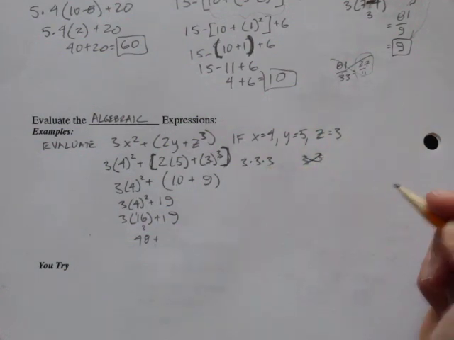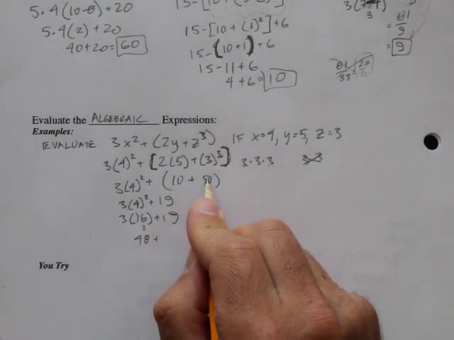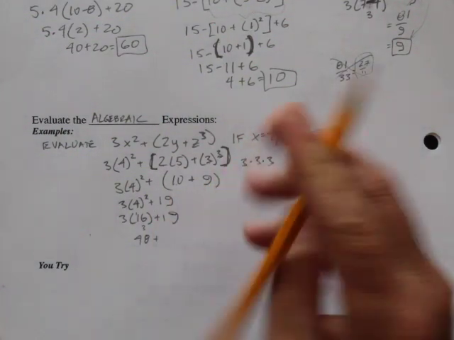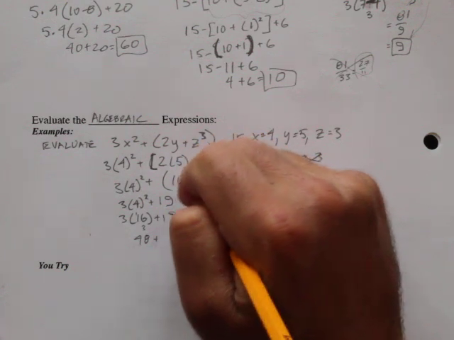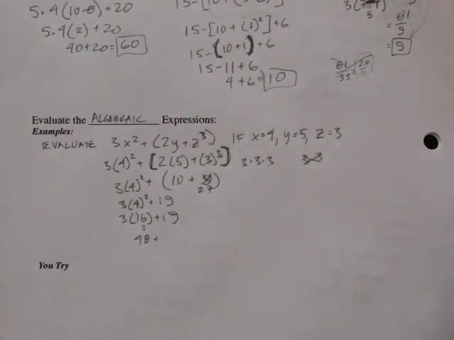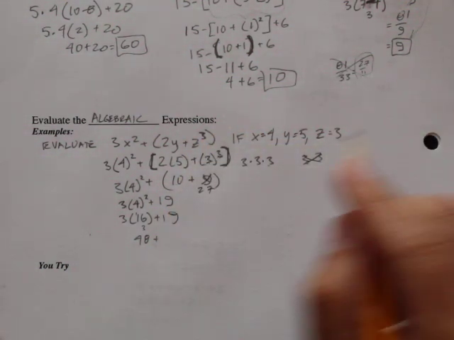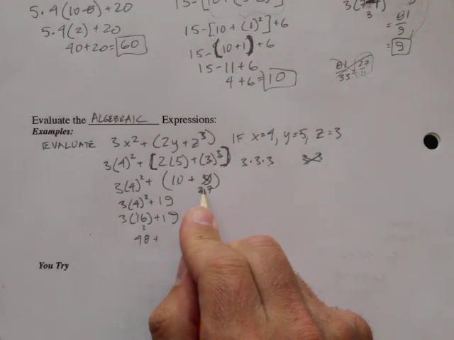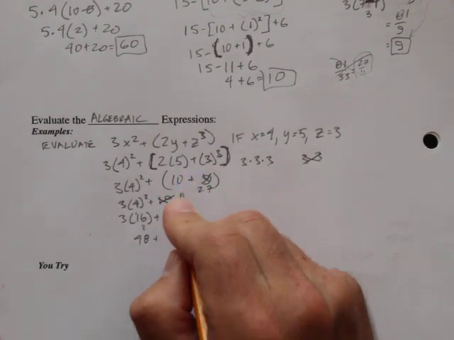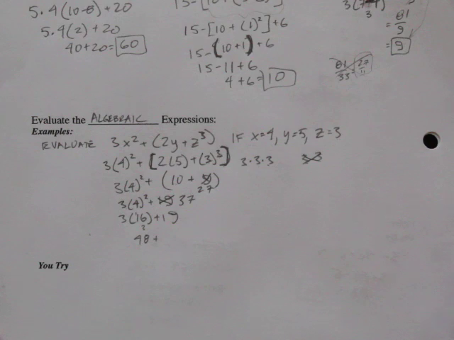There are 3 3's. So that means 3 times 3 times 3 is not 9, it's 27. Whew, man. All right, so now I've got 10 plus 27, which is 37.